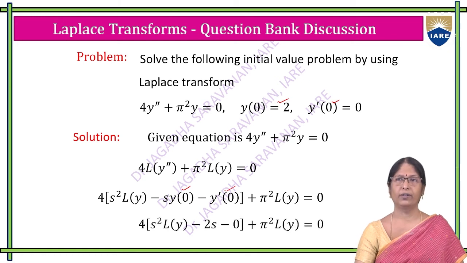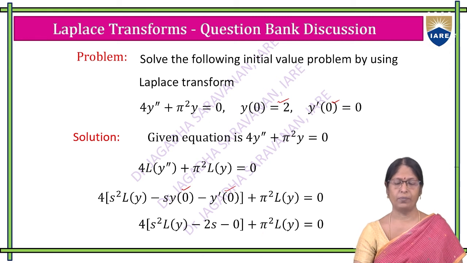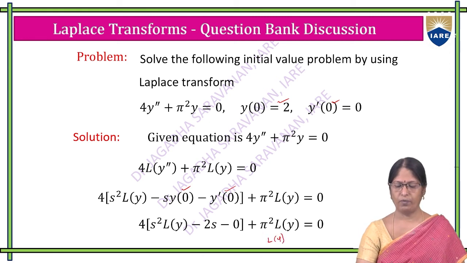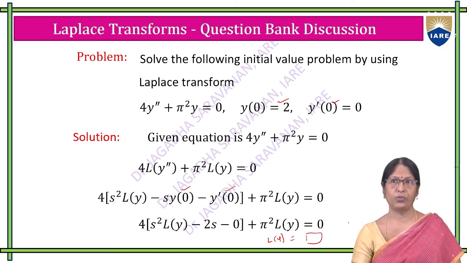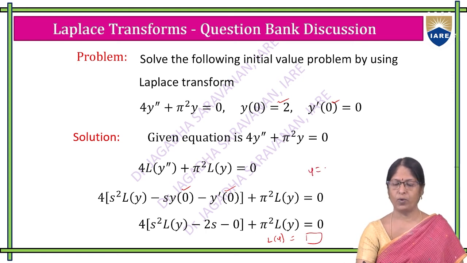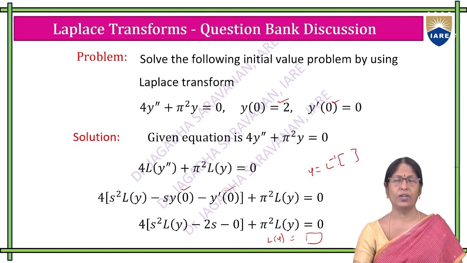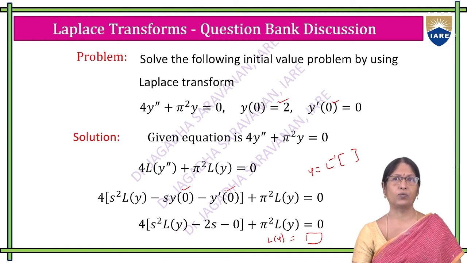After applying, we take L of y as a common term. So L of y equals the other terms, which we push to the right position. Then y equals L inverse of that particular term to be found. So this is the way the Laplace transform is applied.